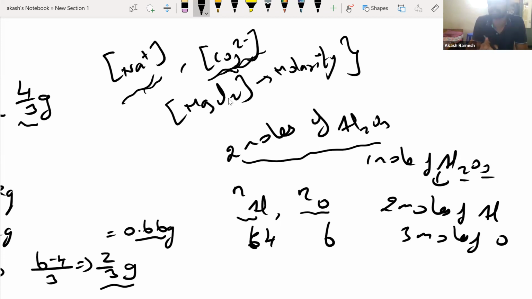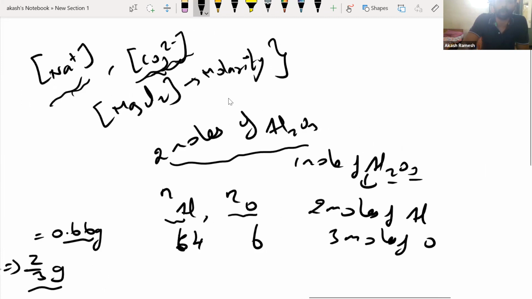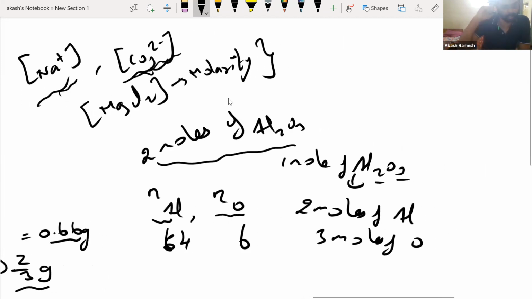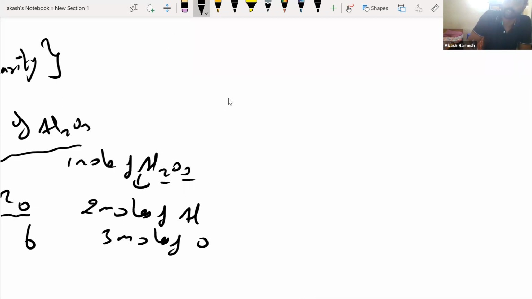Now, the same concept is what we are going to use there also. I'll give you another example. Say I take 1m calcium chloride, CaCl2. I have a solution which is 1m calcium chloride.